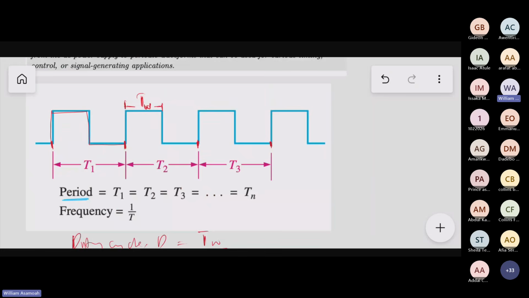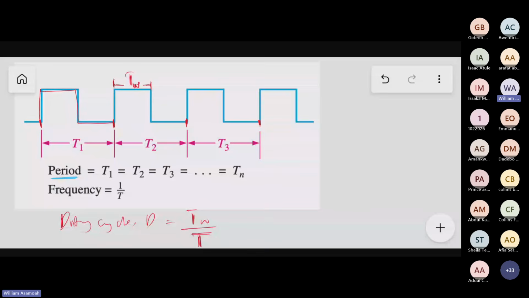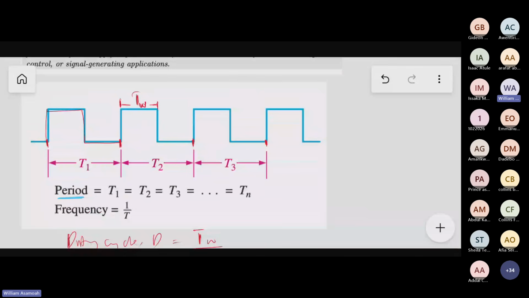So you see, when you look at this periodic wave, you can see that for some time it's on and for some time it's off. So let me use this one. You see that for this time it's on, and for these two times from here to here it's off.